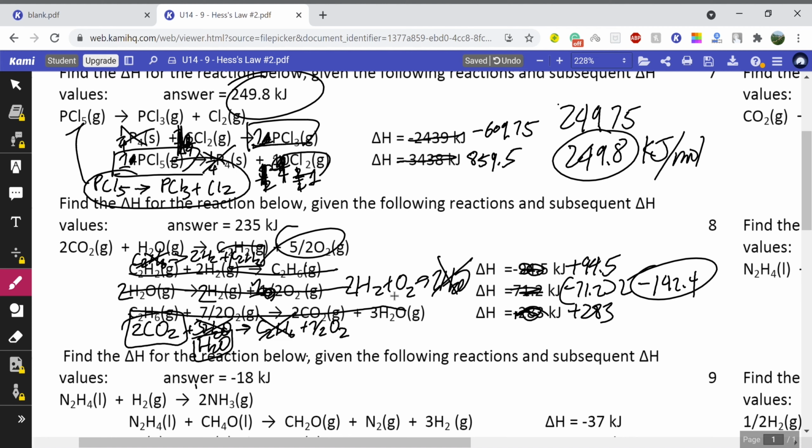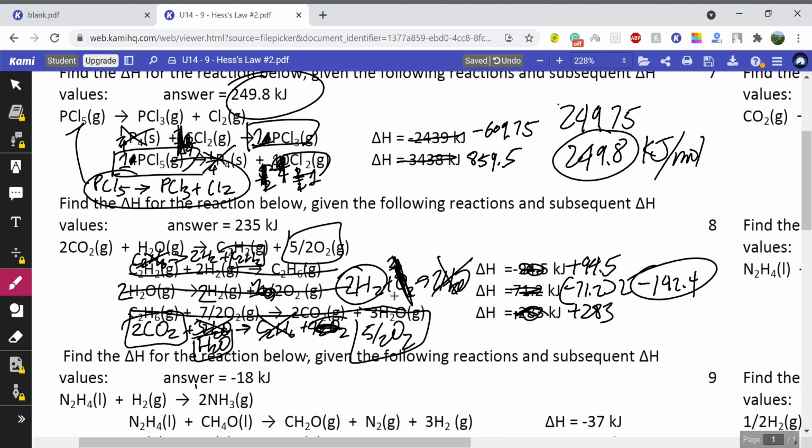Now finally, we need 5 over 2 O2. We have 1 O2 over here, which is also 2 over 2, right? 2 over 2 is 1. Now 7 minus 2 is 5, so 5 over 2 O2. This is on the reactant side, and this O2 is on the product side. So this will be completely cancelled out, and this will form 5 over 2 O2. Now this matches this.